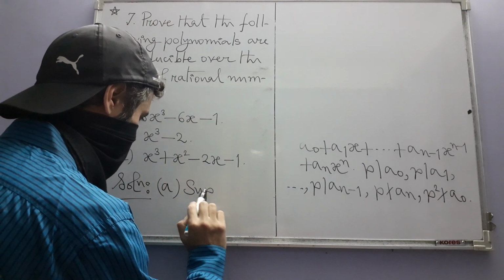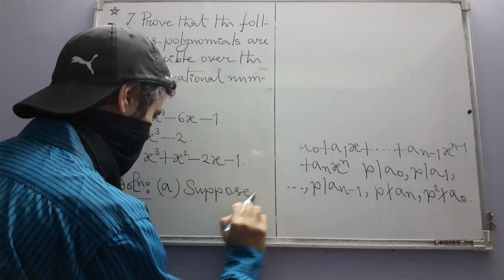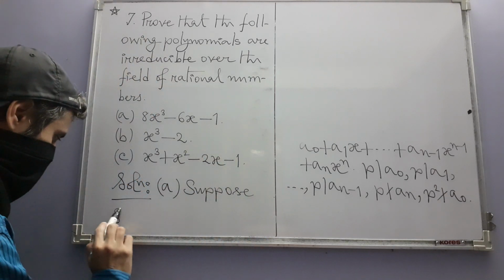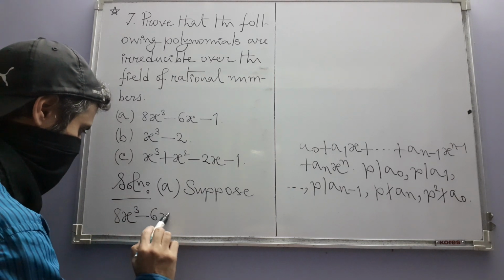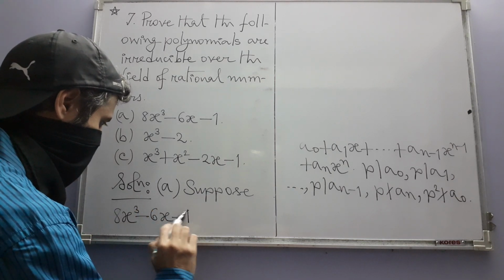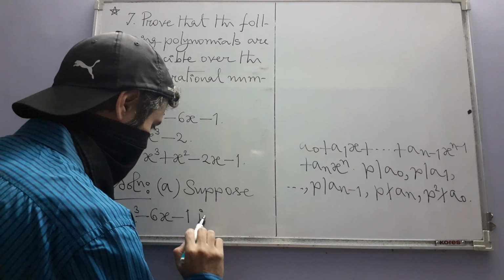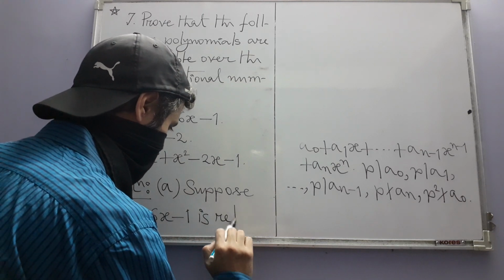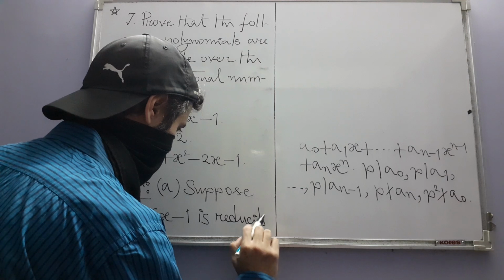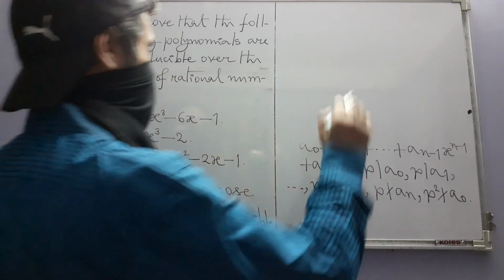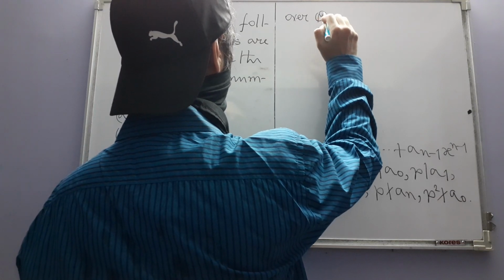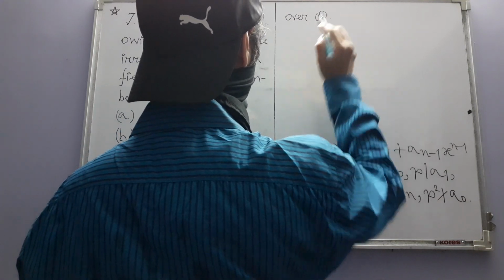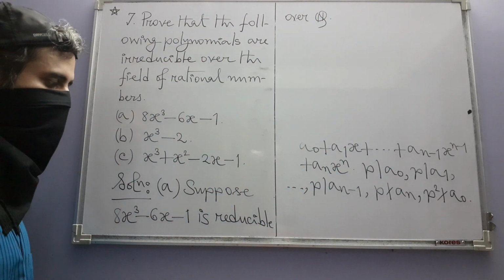So suppose 8x cubed minus 6x minus 1 is reducible over Q. By Q we of course mean the field of rational numbers.